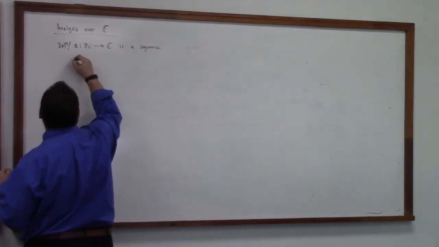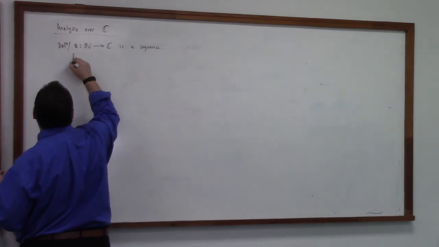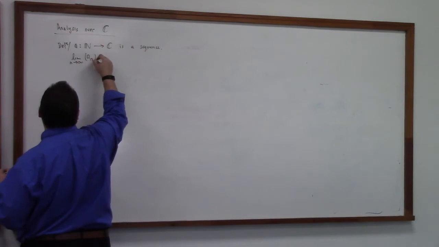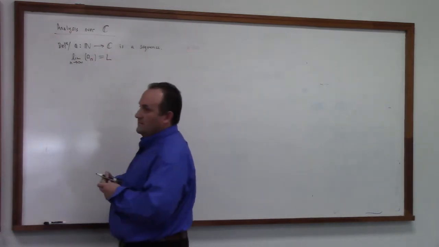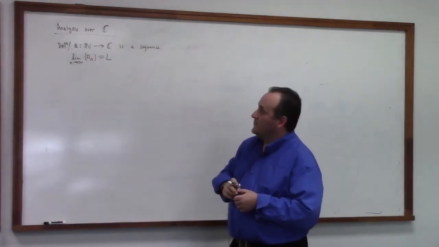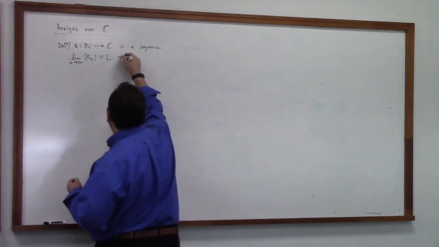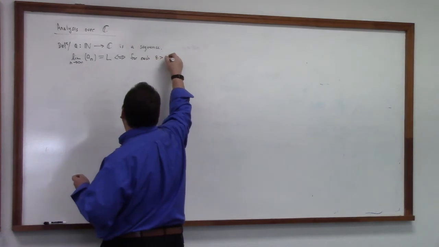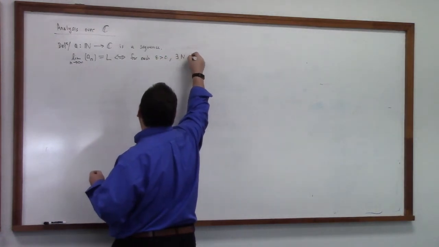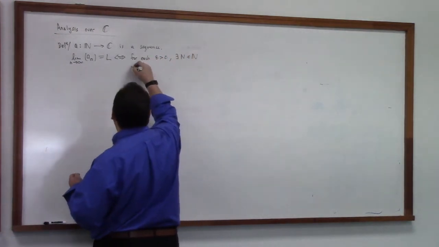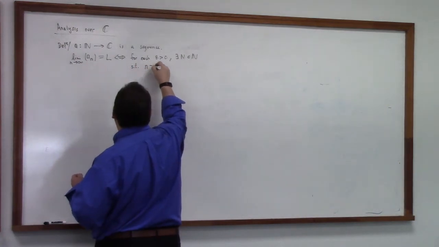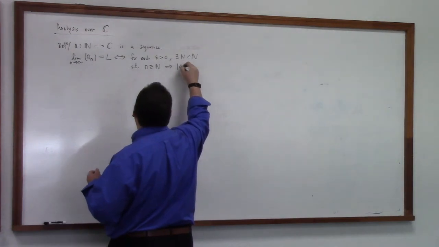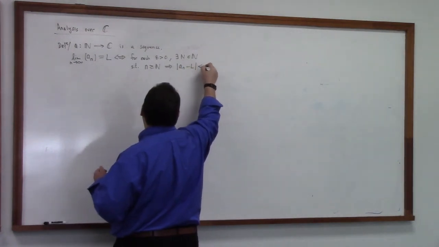We say the limit as n goes to infinity of a sub n, which is the notation we typically use, is equal to L. So the limit of a complex sequence is L if and only if, for each epsilon greater than 0, there exists big N in the natural numbers such that little n greater than or equal to big N implies that the modulus of a sub n minus L is less than epsilon.